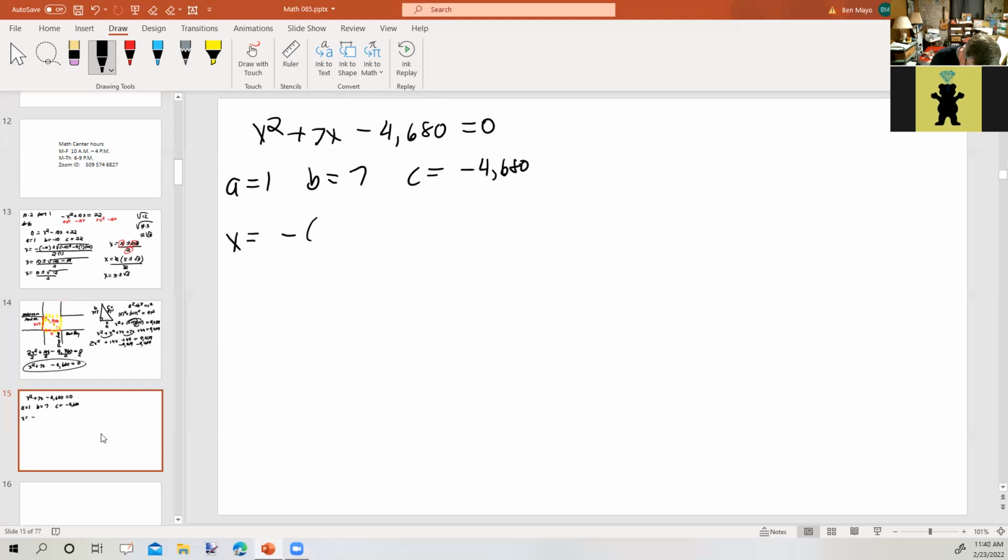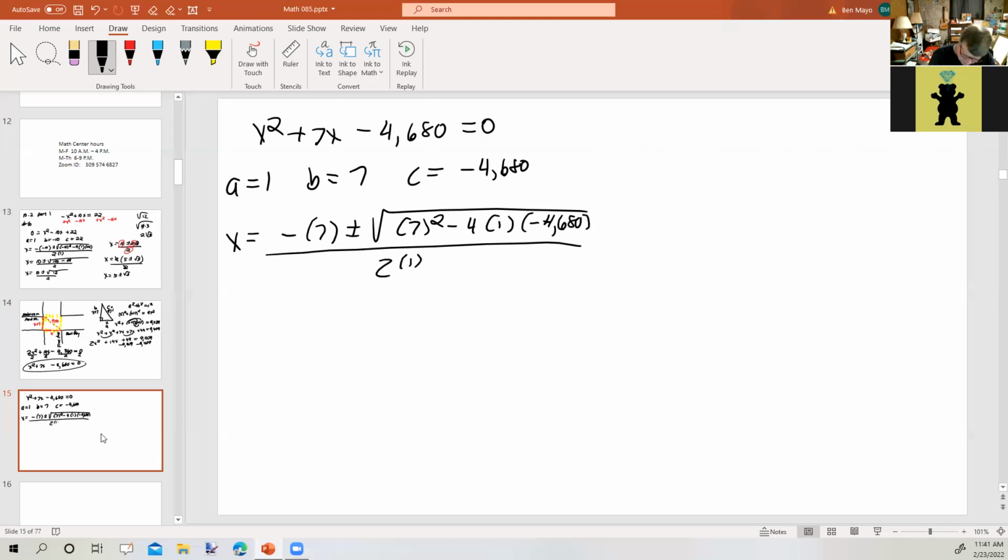X equals negative B plus or minus the square root of B squared minus 4AC all over 2A. X equals negative 7 plus or minus the square root of 49.